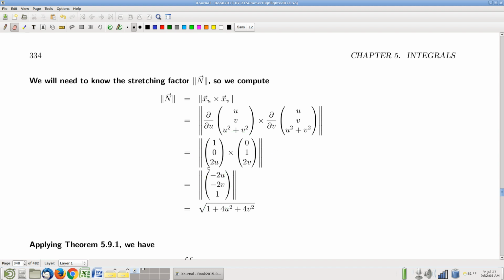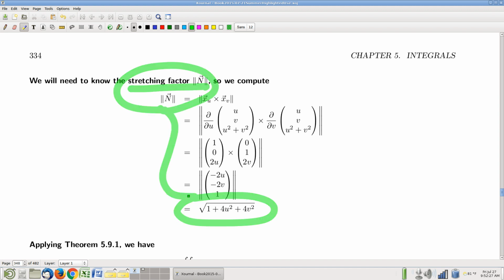Don't forget this little minus sign. This is a dangerous little oops. It's so easy to forget that little minus sign right there in the second term of the cross product. So anyway, just a reminder. Very common mistake. And then taking the magnitude. Well, that's a very old chapter 1, second day of class deal. And here's our result. Our stretching factor is that.